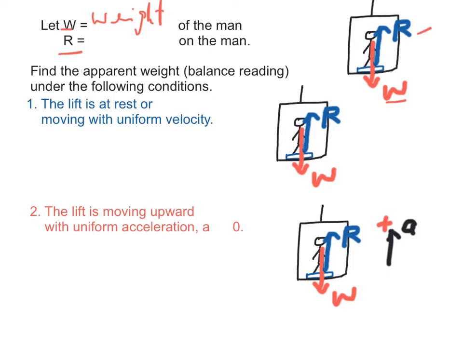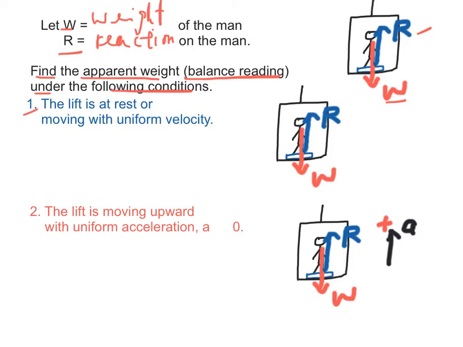R be the reaction on the man. Let's find the apparent weight or the balance readings under the following conditions.